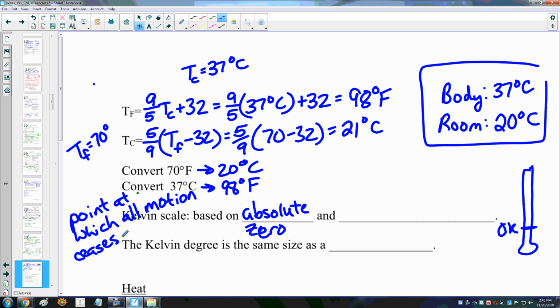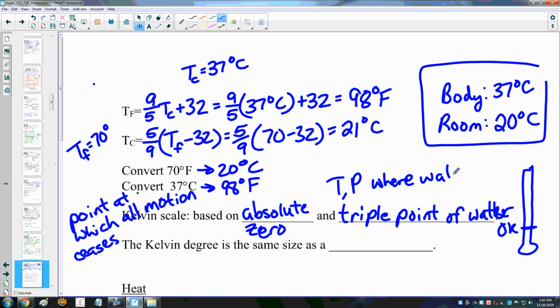It's also based on the triple point of water. The triple point of water is a particular temperature and pressure where water exists in all three phases: as a vapor, as a liquid, and as a solid.